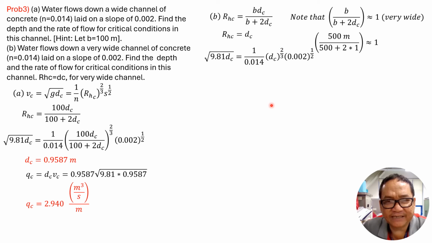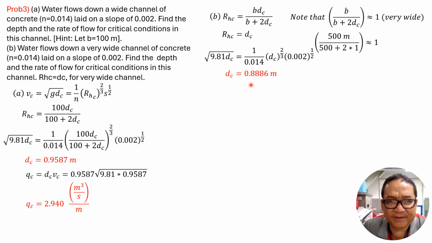So raised to 6, d sub c is 0.8886 meters. So the critical depth is 0.8886 meters, which is close to this. Much more if we let B be 200, they will be very close.